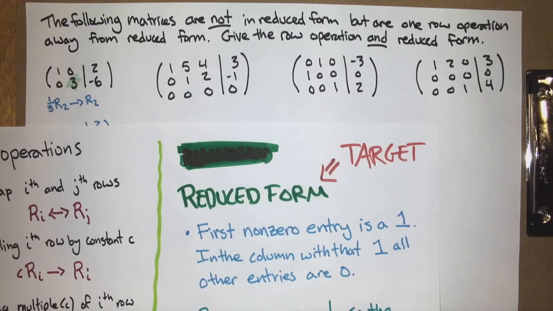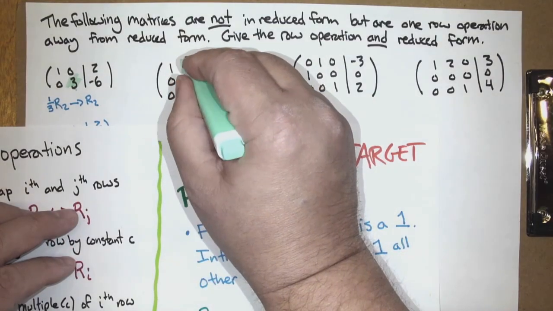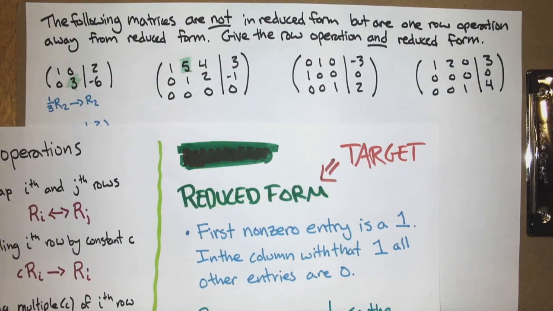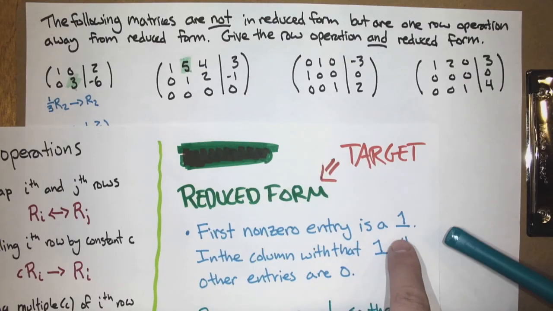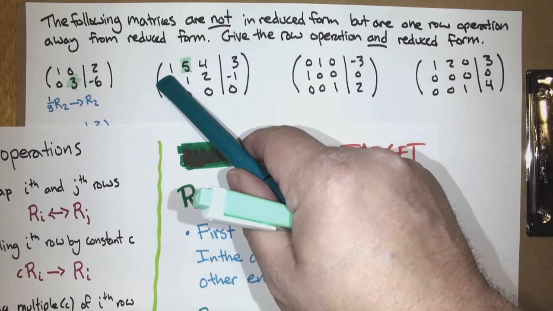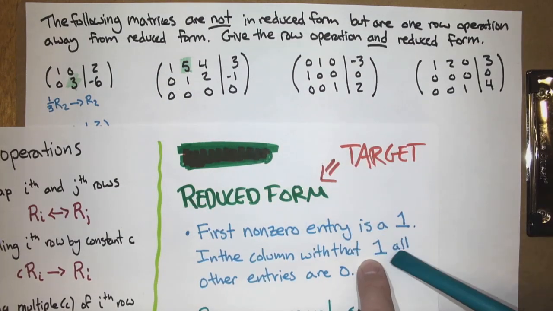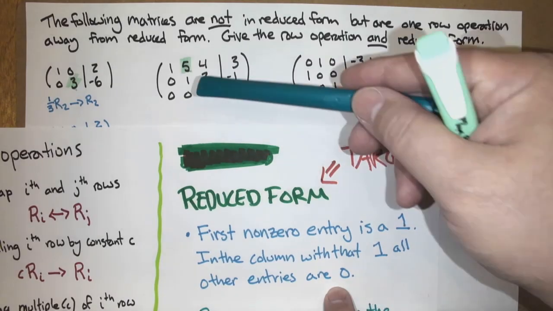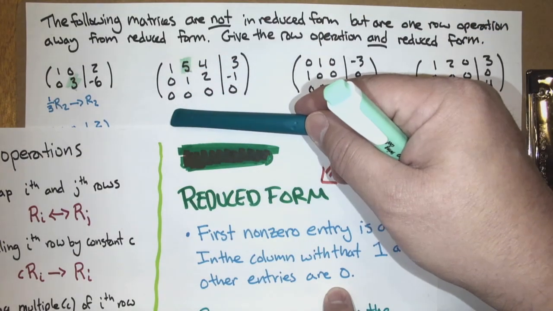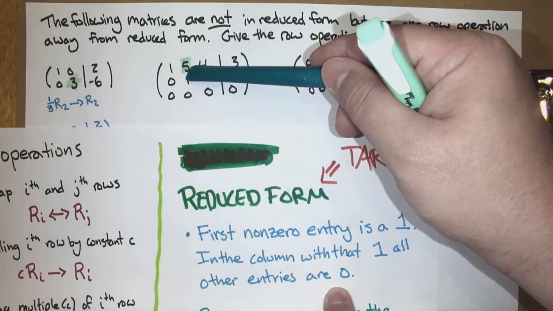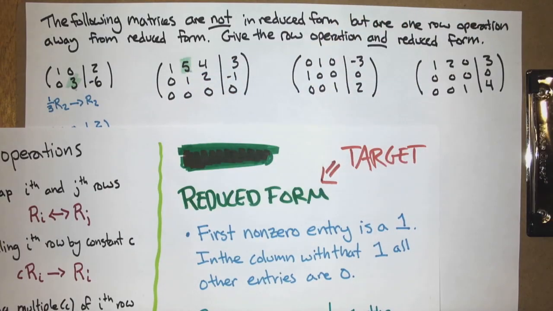What needs to be 0 that's not currently 0? It's this entry here. That's the entry which is bad. Why is it bad? It says the first non-zero entry is a 1. Now that's true for both rows. This starts with a 1. Here's the first non-zero entry. That's a 1. But then it says in the column with that 1, all other entries are 0. So in the first column, great. But here, in this column, that 5 is not a 0. So it's not in reduced form.